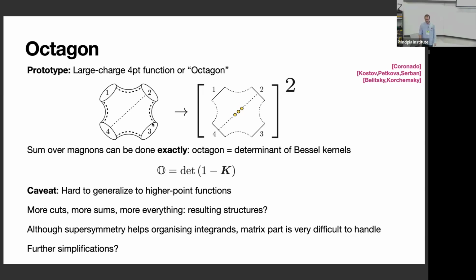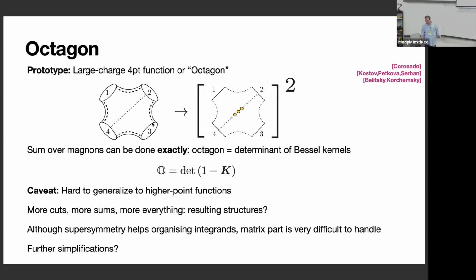This is just way too complicated because, of course, the more cuts we have, the more sums, the more everything. And in practice, we don't know what the resulting structure is. We don't know what is the right way of thinking about these infinite sums and how to deal with them. So supersymmetry is helping a lot in the detailed computation, but there are some bottlenecks like this matrix part of the hexagon form factors, which is extremely difficult to handle.